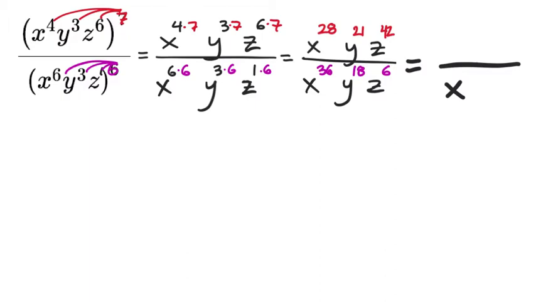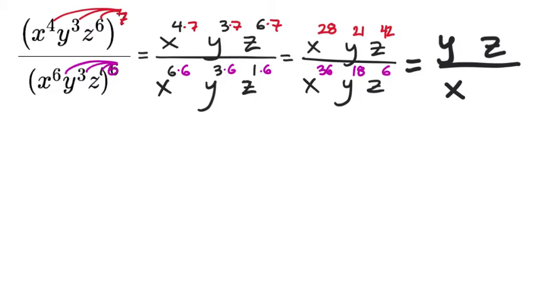I just want you to think about this not in such robotic terms, but notice this. There are more x's in the denominator than the numerator. For the y's, there are more in the numerator than the denominator, so I'll expect y's in the numerator. The z's as well, there are more z's in the numerator than the denominator, so I'll expect z's in the numerator, okay?